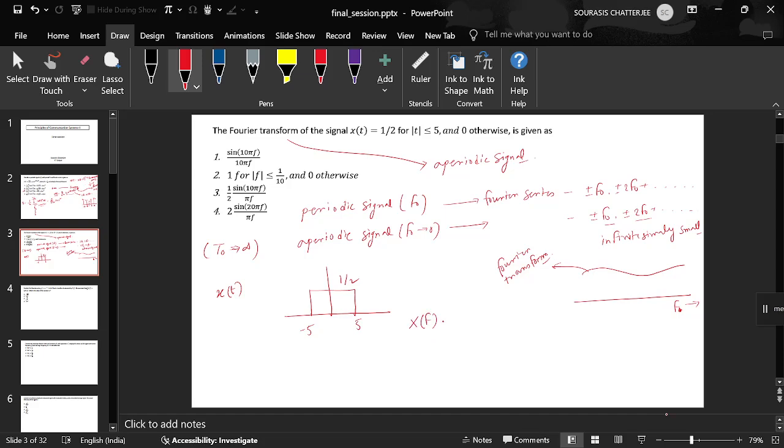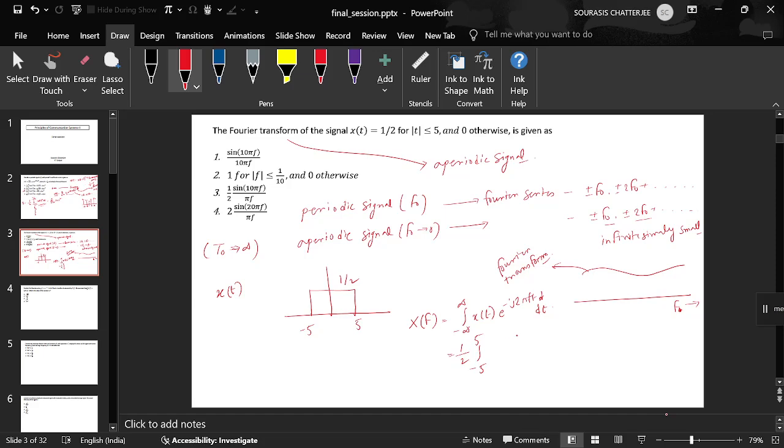Let's say X of f is the Fourier transform. Its expression is given as the integral of x of t e to the power minus j 2 pi f t dt. Since it actually runs from minus infinity to infinity, but here x of t is 0 outside this interval, our job is kind of easy.